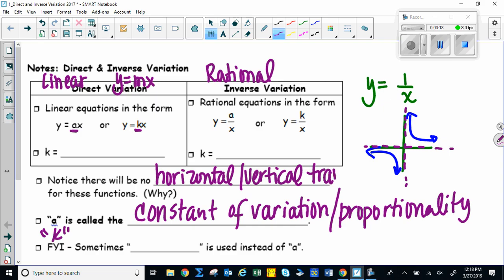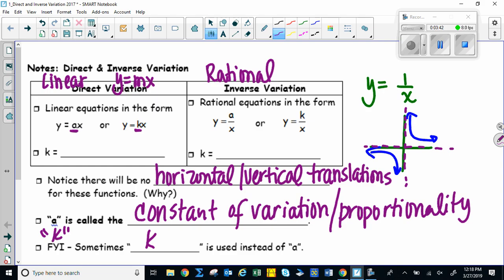No slides. So we're just focused on that A value. Sometimes we use K instead of A, but only with this direct and inverse variation. The rest of the year, K is what's going to shift our graphs up and down.